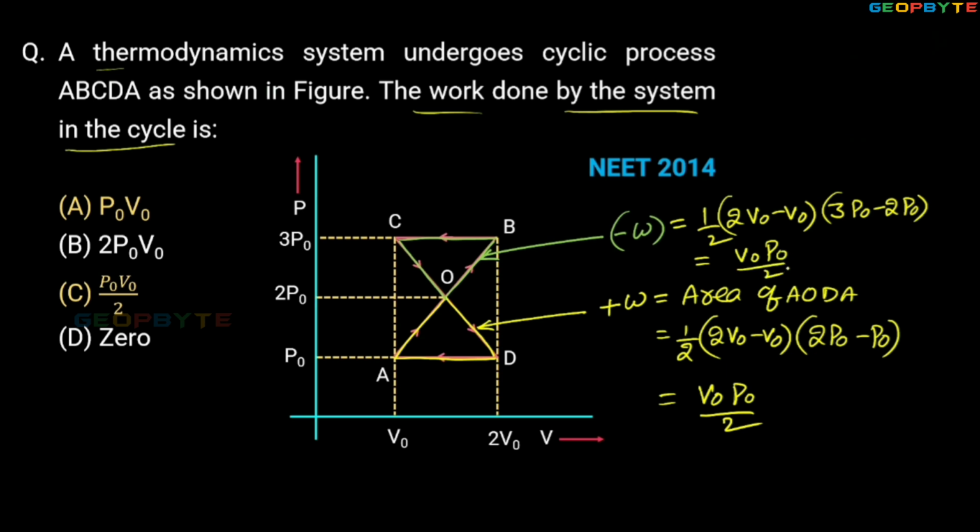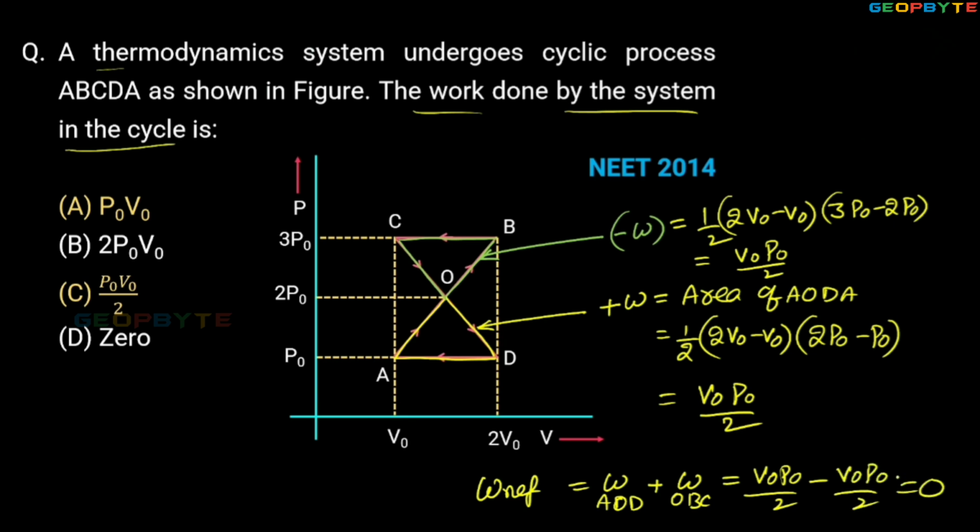Since positive work and negative work are both equal, net work equal to work for AOD minus work for OBC, that is V naught P naught by 2 minus V naught P naught by 2, equal to 0.